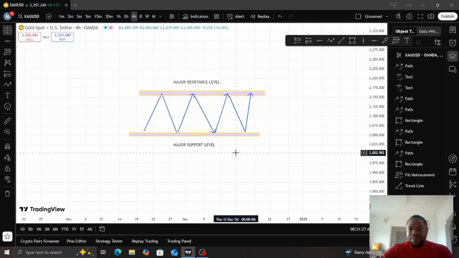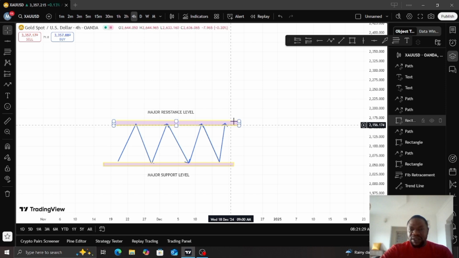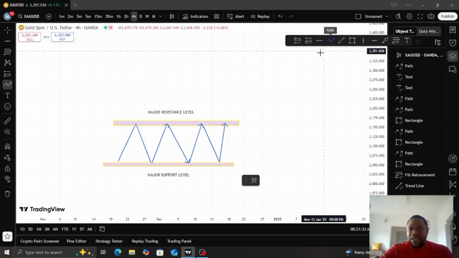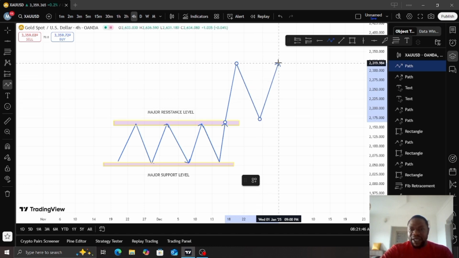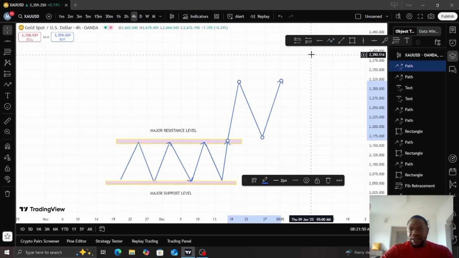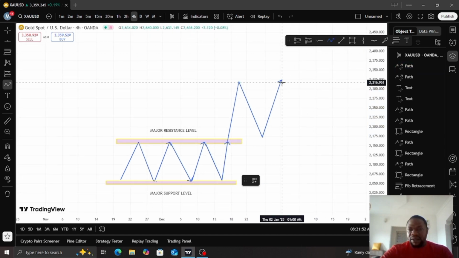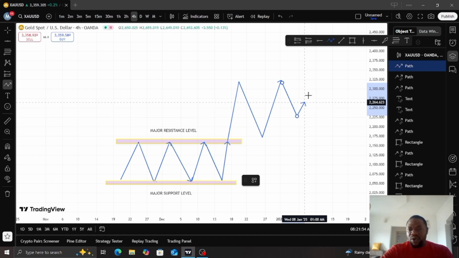Now if price breaks through this point, goes up here, and starts forming another level, comes back, retests this point and goes up again, comes back here, and goes up again, like that.